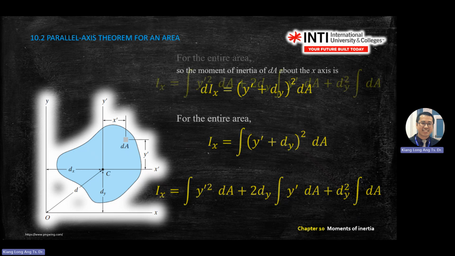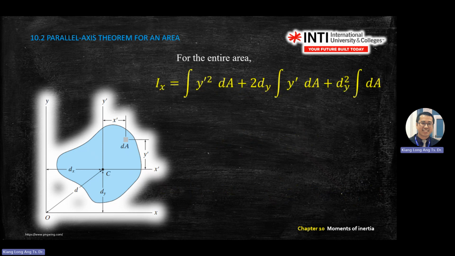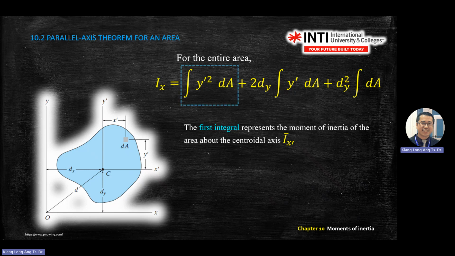Okay. When you take these three integration products, the first integration represents the moment of inertia about the centroid, I bar. Okay, first this one is the moment of inertia to the centroid, to the centroid here.